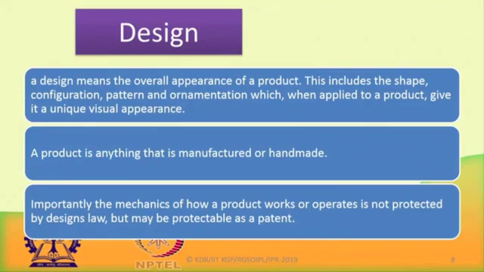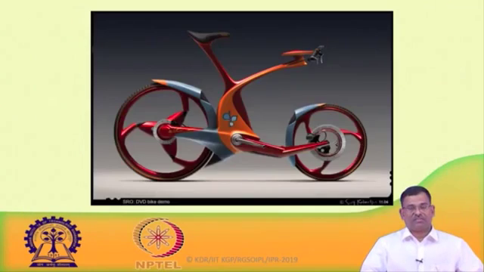The operation of the work is not a concern of designs, because the operational aspect of the goods can be considered by patent law, not by design law. The design law looks into the aesthetic aspect or look of that particular product.